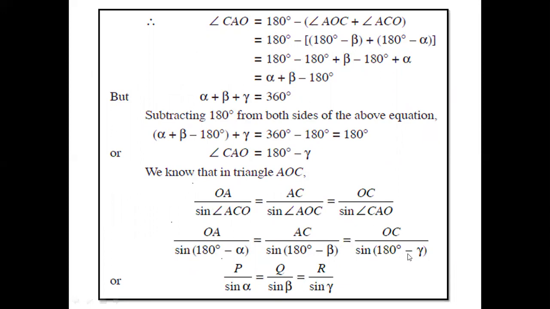What is 180 minus gamma? 180 minus gamma is the angle made at A point. So at A point, alpha plus beta minus 180 degrees is equal to the angle 180 minus gamma, we can easily represent. So therefore, OA is the P force, with sine of 180 minus alpha which is sine alpha, AC is Q by sine beta, and OC is R by sine gamma.